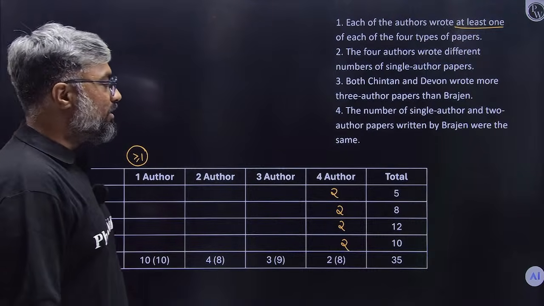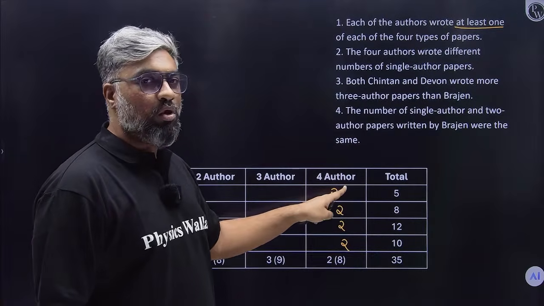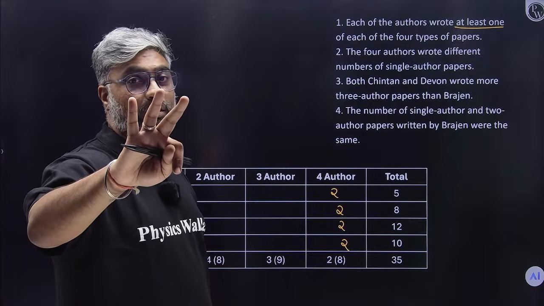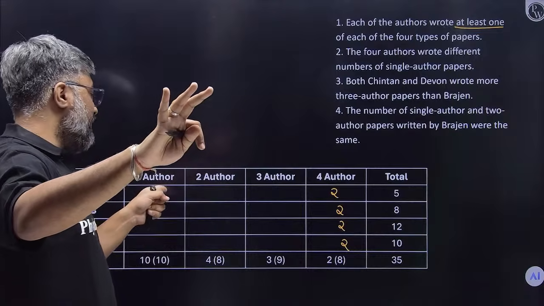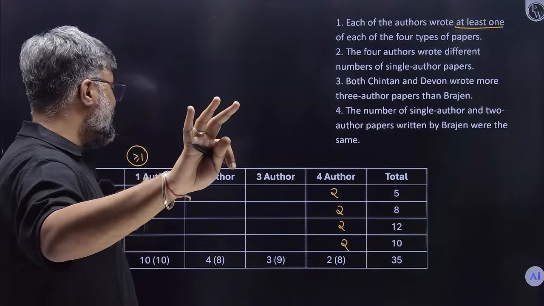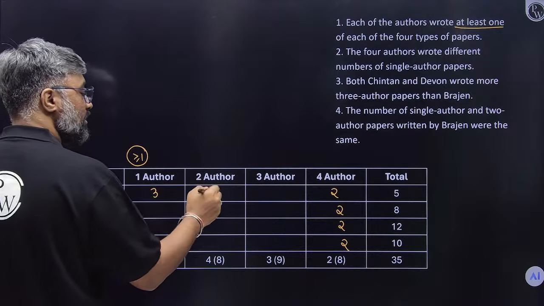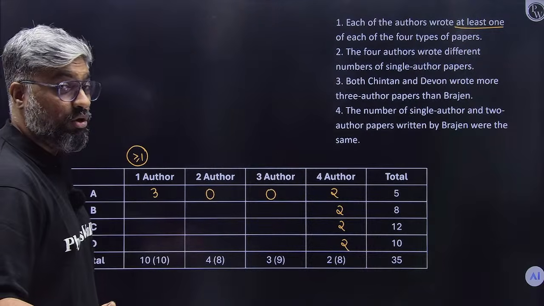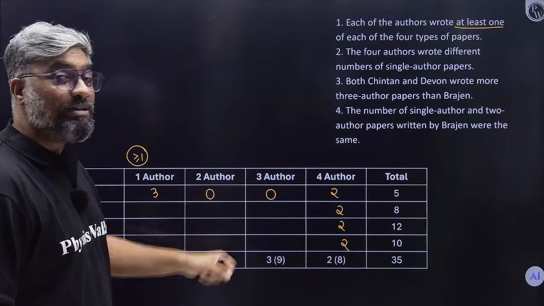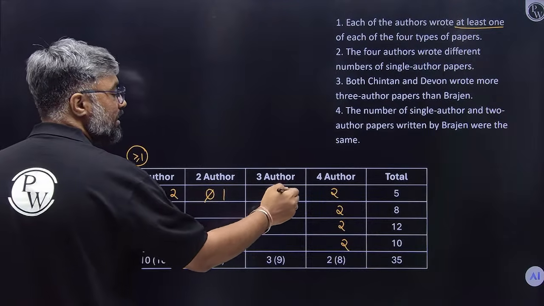So now think about this. I need the total to be 5. I have 2 already. I need 3 more. And I have 3 empty cells for A. Can any one of these be equal to 3 and 0, 0? Is it possible? No. Why? None of the values can be 0. Is it possible that this is 2, this is 1 and this is 0?